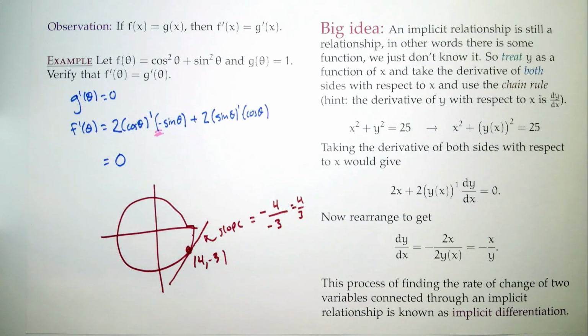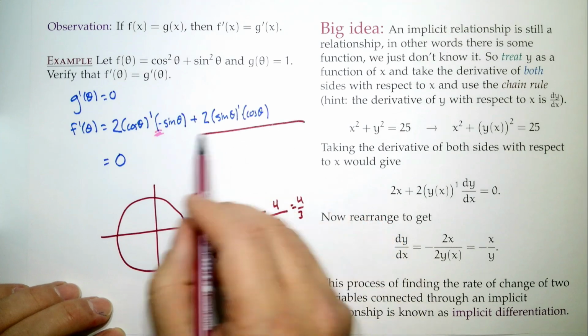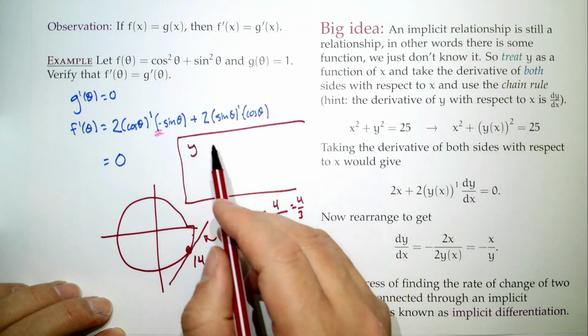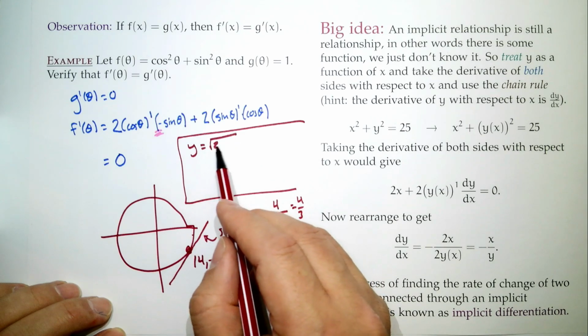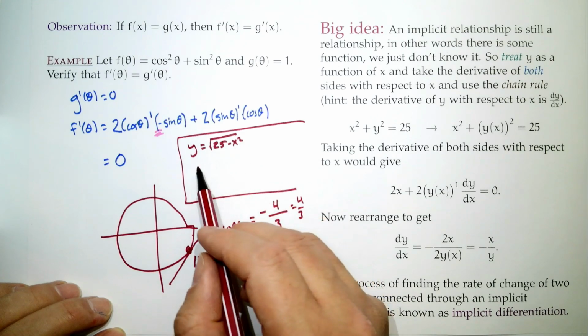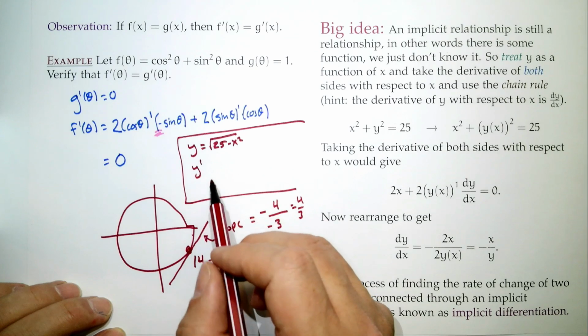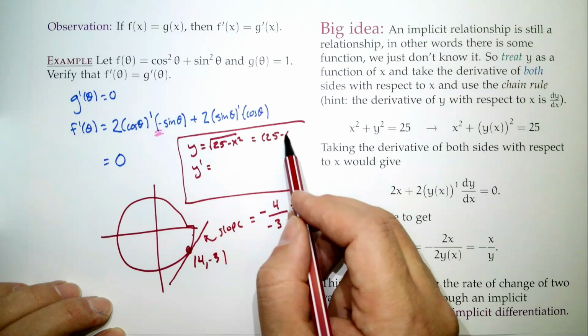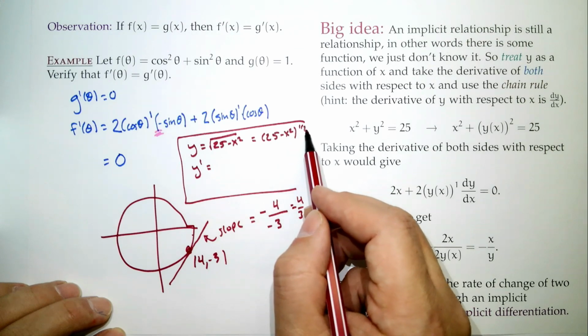We can also verify this in an indirect way, which is we could do the complicated approach instead of using the formula. So if we tried to solve for y explicitly, square root of 25 minus x squared, and then we took y prime, well, this is the same as 25 minus x squared to the 1/2 power.